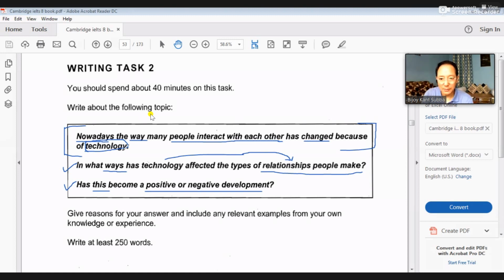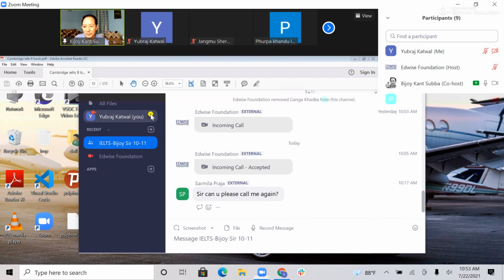Topic, task. Okay, let's give it different colors.